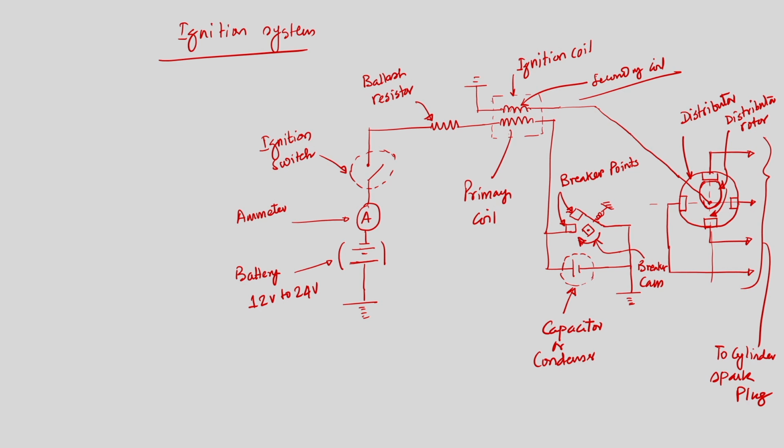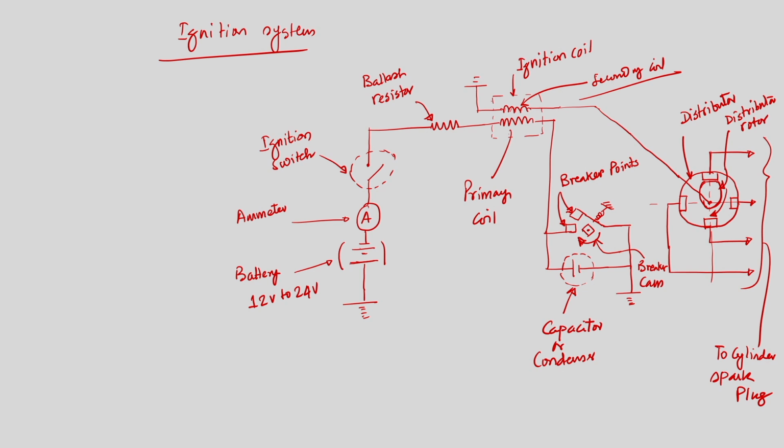We have understood that at least 10 to 20 kilovolt is required to break the resistance of the spark gap. So, the EMF developed in the secondary coil won't be able to break the spark gap, I mean, the voltage which is required to break the spark gap.